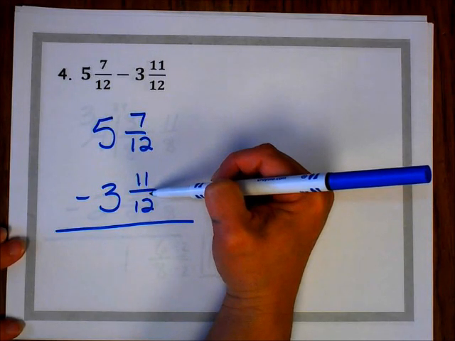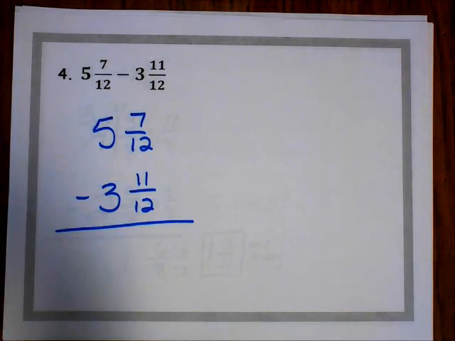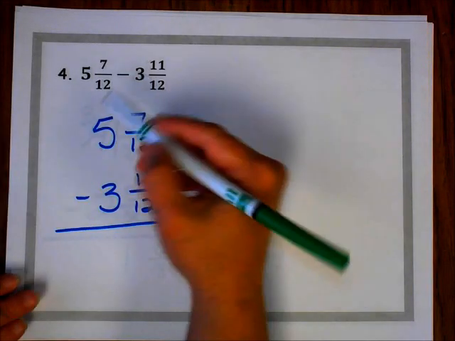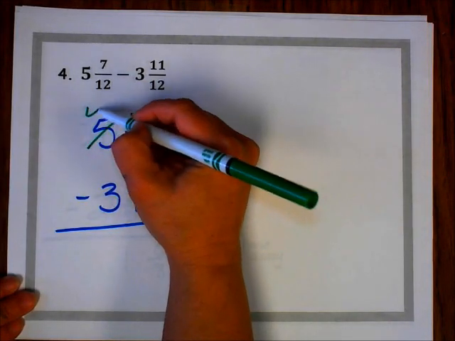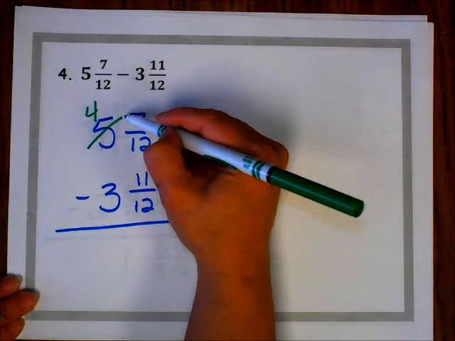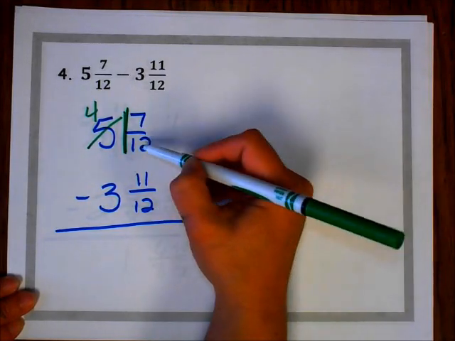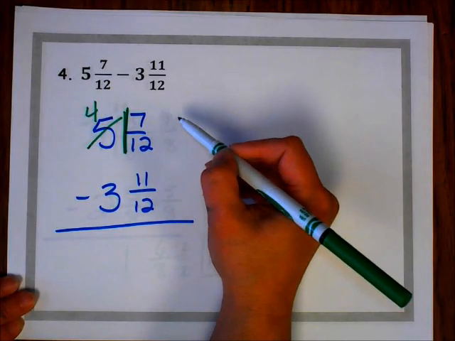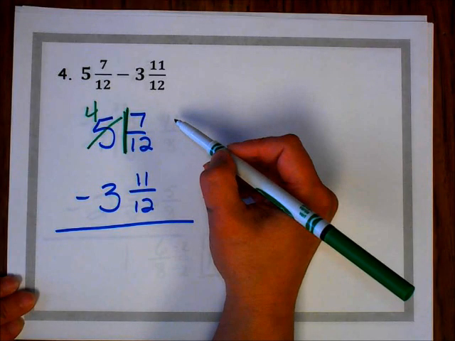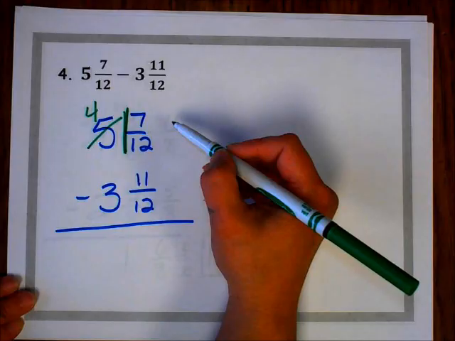No, we cannot, so that means we have to borrow. We borrow from the 5. The 5 becomes a 4, and remember I borrowed 1 whole. So now I'm going to have to go around the world to make 1 7/12 into an improper fraction so it will be useful to me.